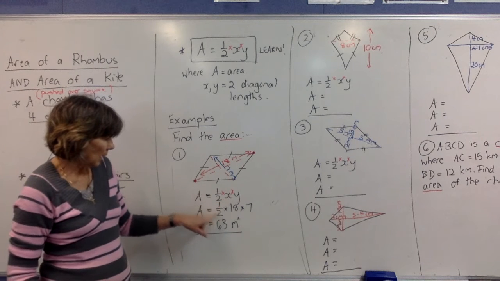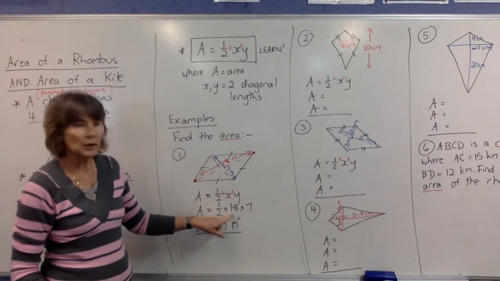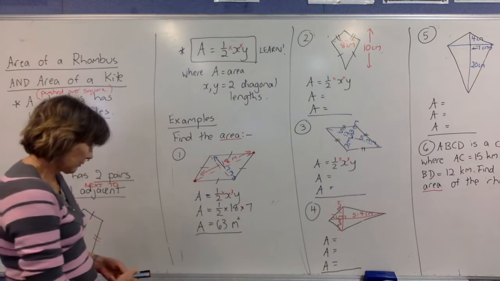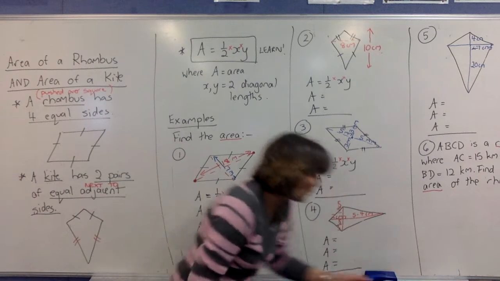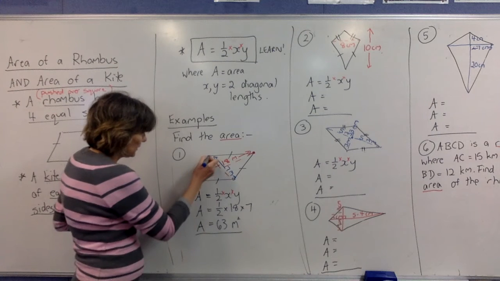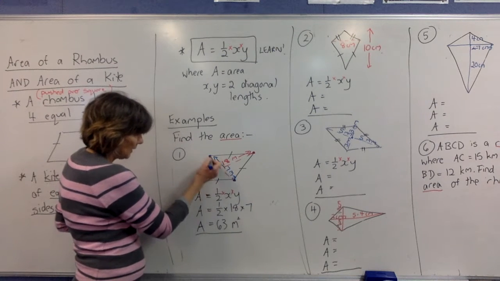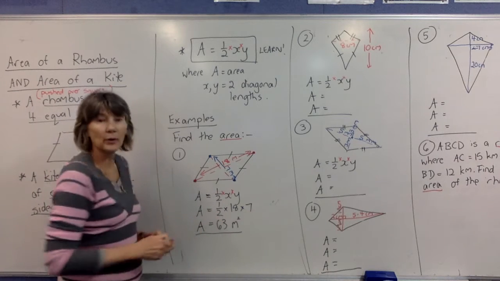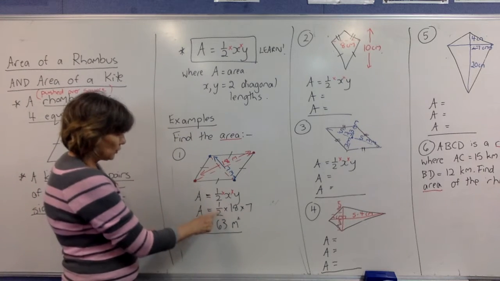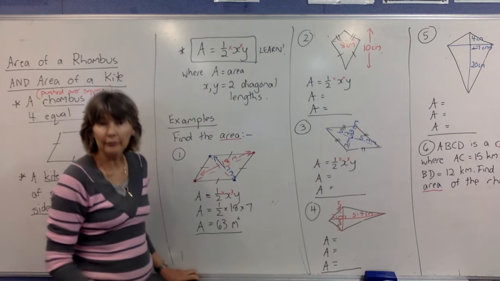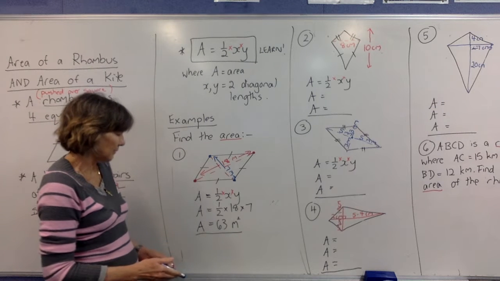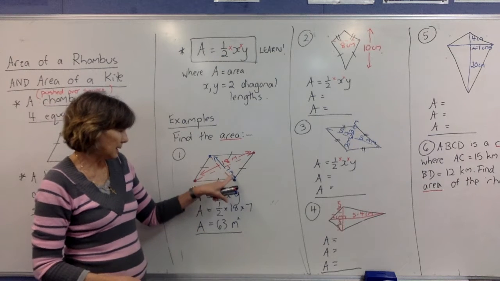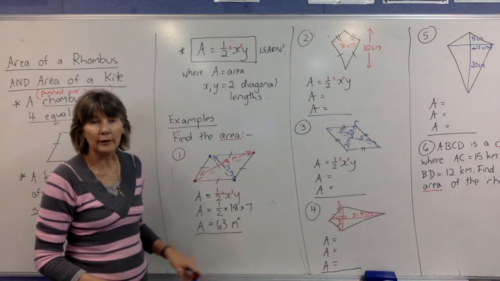So we're going to put a half times, and our first diagonal is 18, times, now our second diagonal is coming from the other corner to its opposite corner. And that length there, they told you was 7. So we're going to put a 7 in for the y. So now if you do your calculator, half times 18 times 7, you'll get 63. Then on the end, you write metres and squared for area.